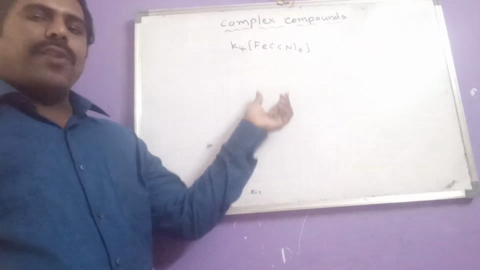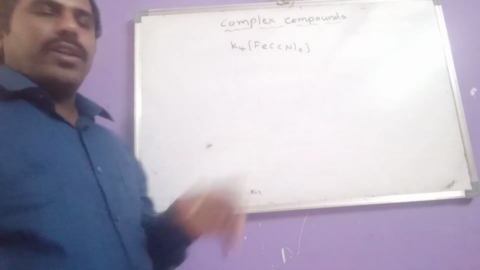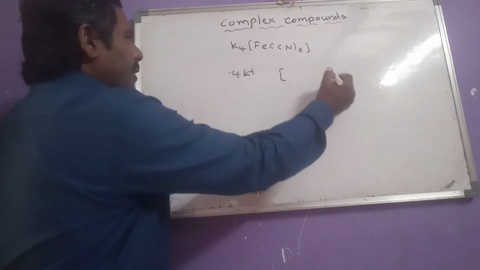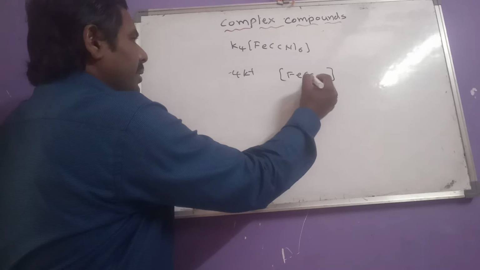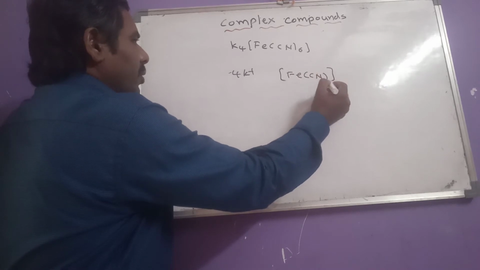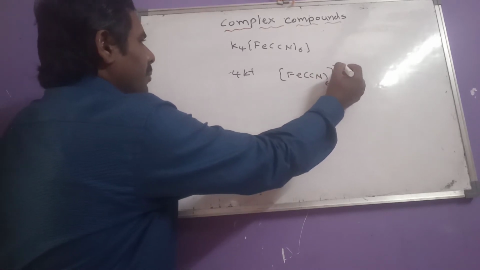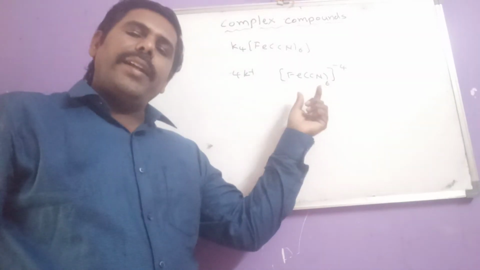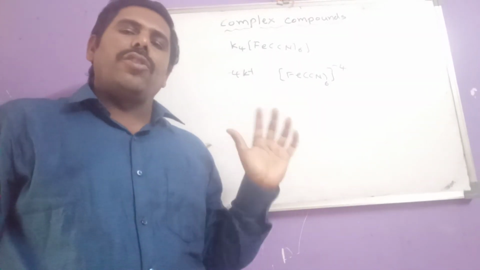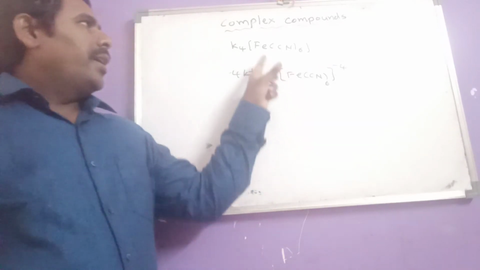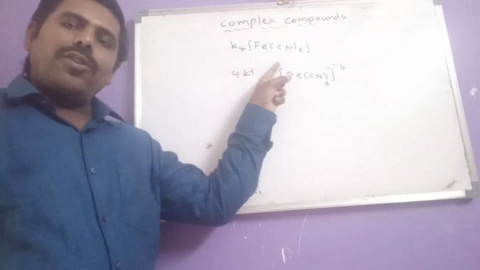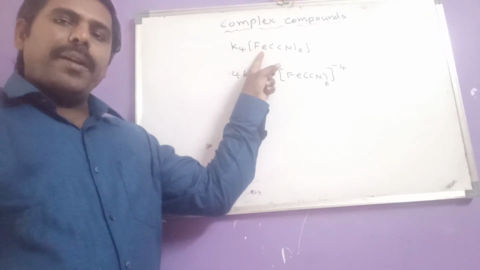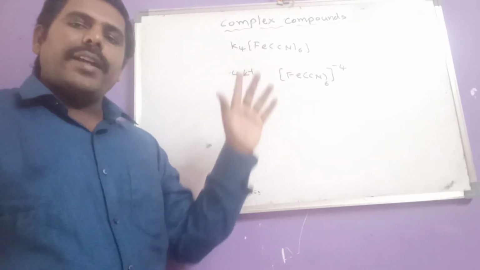When dissolved in water, this will give 4 K+ ions, and this total sphere exists as a single ion, [Fe(CN)6]4-. So that means it is still retaining its identity in aqueous solutions. And here actually this potassium ferrocyanide is having K+, Fe2+, CN- ions.